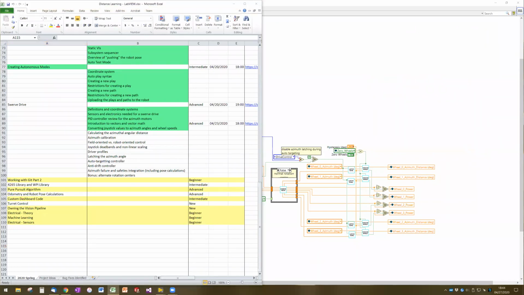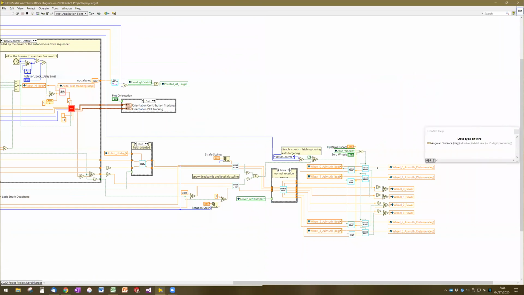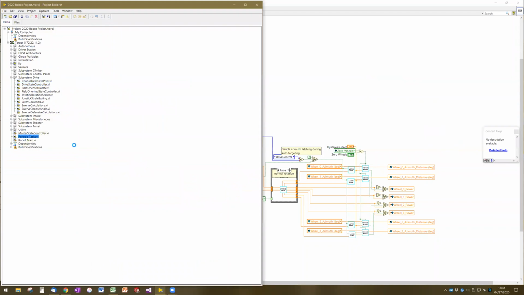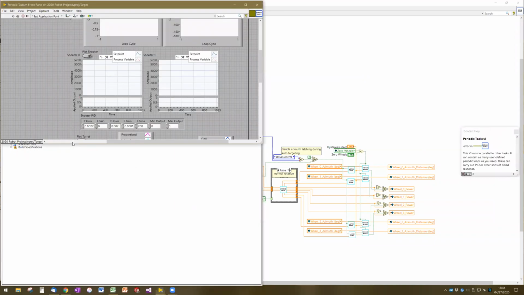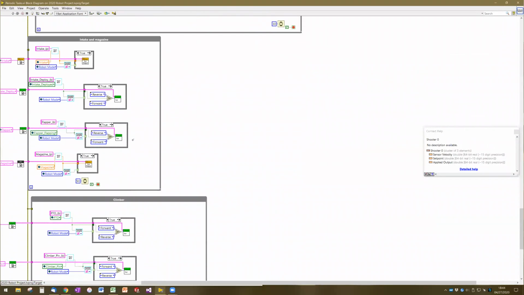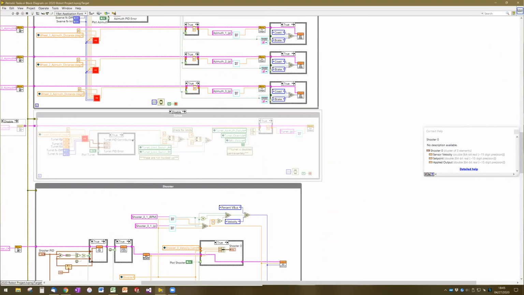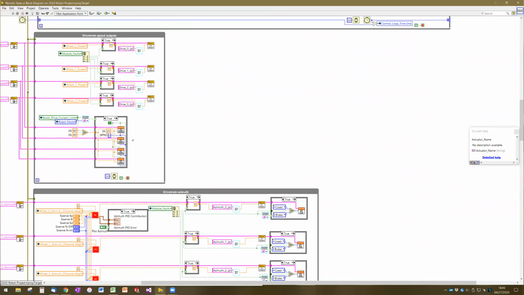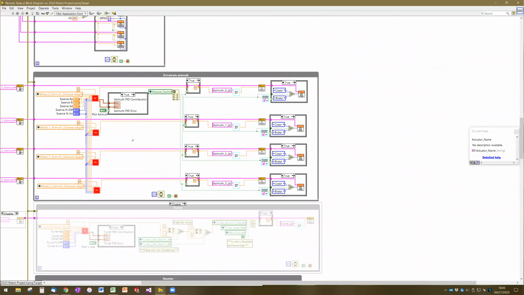Okay, so at this point we have an angle that we can send to the PID controller on the Swerve modules. Just to refresh everyone's memory, I'll go ahead and load that up. Those are located in periodic tasks, right here.